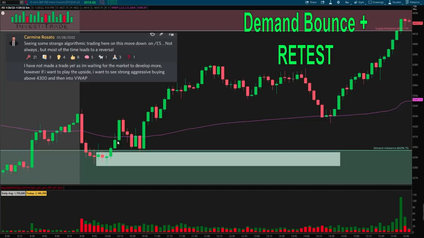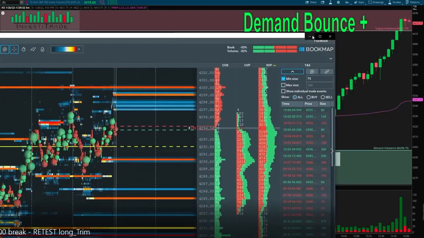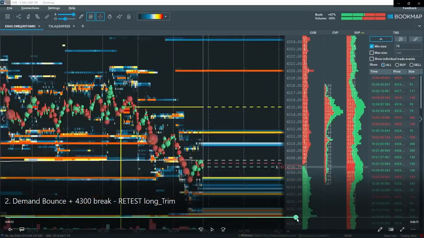If the market pulls back, it's safe to say we have new buyers factored into the market around that area, and we want the same buyers to defend this position, not only because of the new demand, but also because we have a bounce out of the old existing demand zone that formed in the pre-market. So then the market pulls back into this 4,296 area, around 10:30.